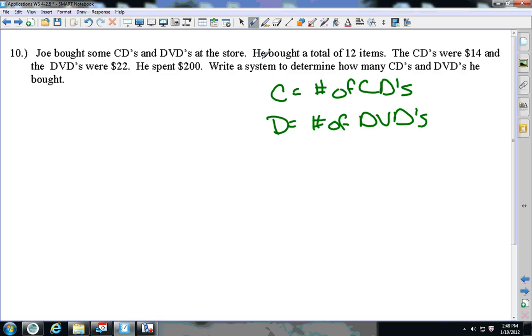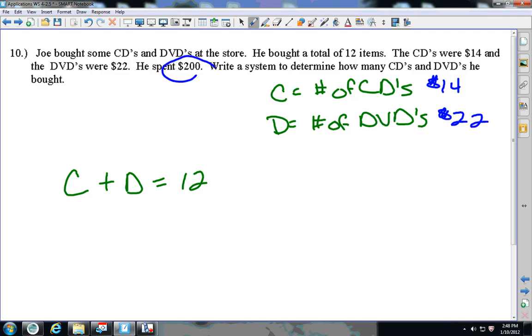Now, he bought a total of 12 items. So I have the CDs plus the DVDs, and that equals 12. Now I know that my CDs are going to cost me $14 each, and the DVDs are $22. And he spent $200.